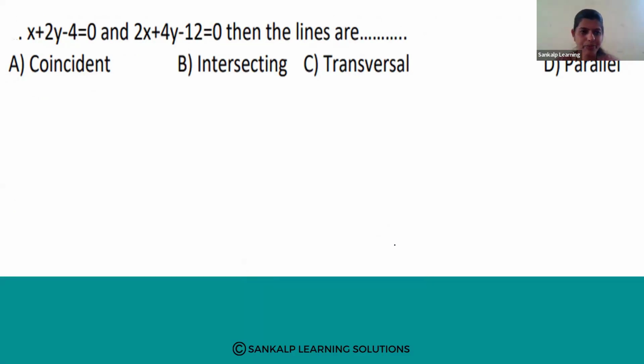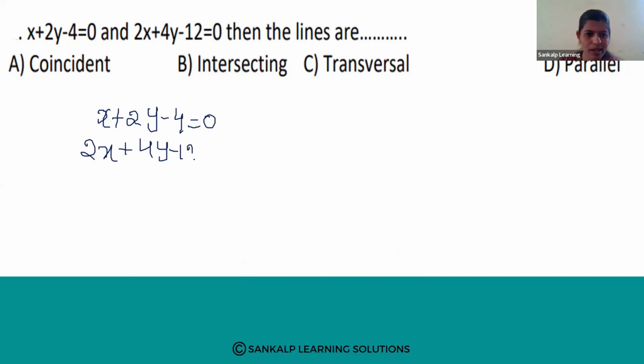Then the lines are whether coincident, intersecting, transversal or parallel. Yes, my dear students, do it and see which type, which result you will get. When you get this type of question, how are you going to solve it?